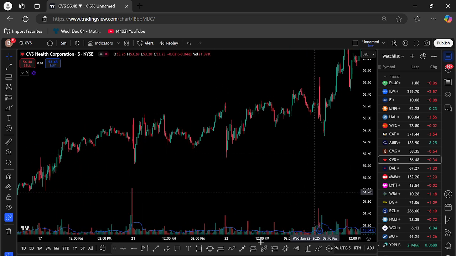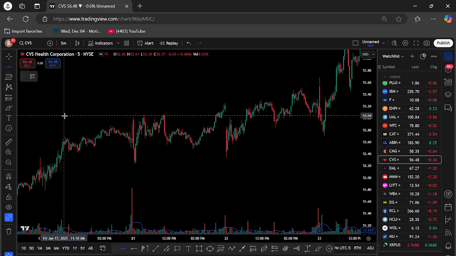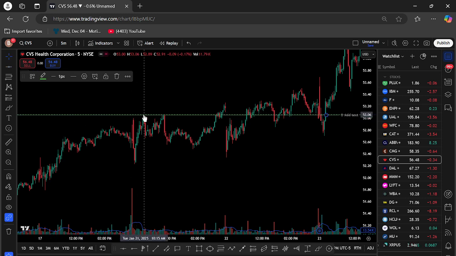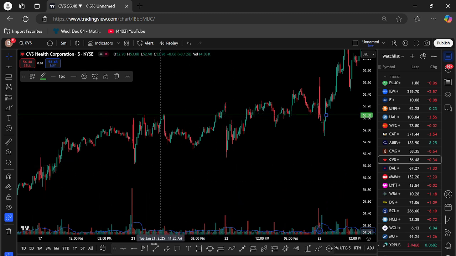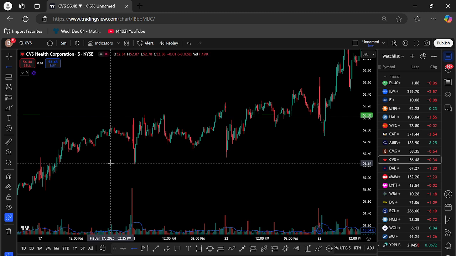So if you're looking at this and you're drawing a line, remember, we always want to look at support and then resistance, right? So if you're looking at here, the range, this is your resistance line, and then this is your support line on the bottom here.